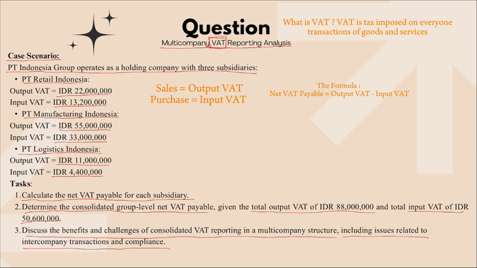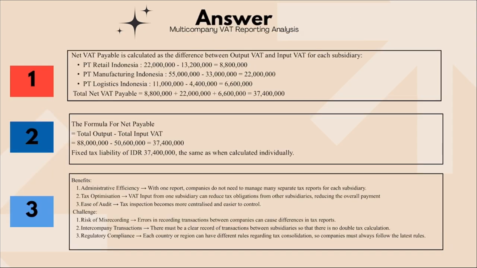Let's make a simulation. First, PT Retail Indonesia has output VAT of 22 million and input VAT of 13 million 200. The calculation is 22 million minus 13 million 200 equals 8 million 800. Second, PT Manufacturing Indonesia has output VAT of 50 million and input VAT of 33 million.